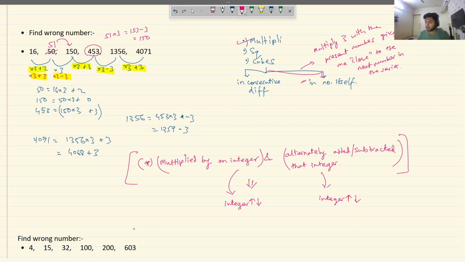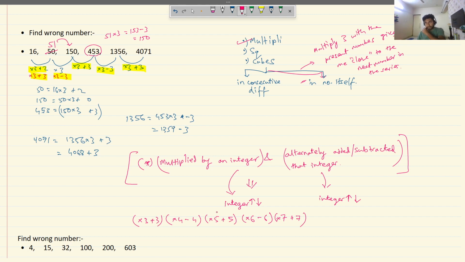What I mean by that, in that case it would be into 3 plus 3, into 4 minus 4, into 5 plus 5, into 6 minus 6, into 7 plus 7.